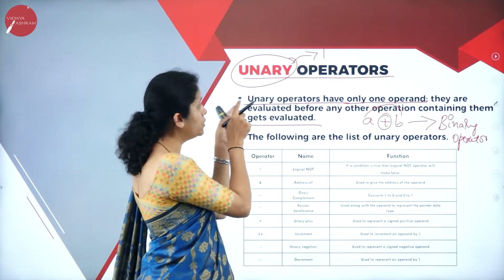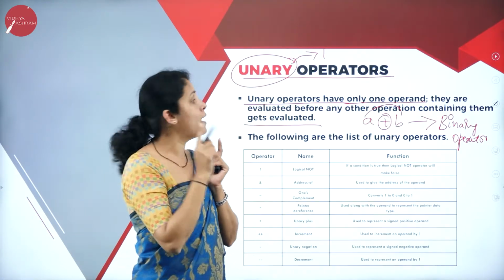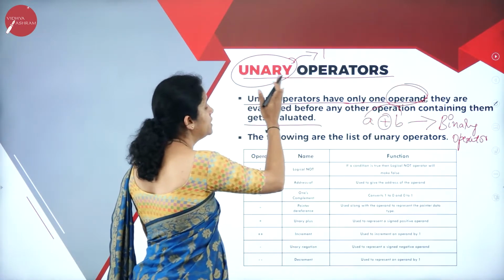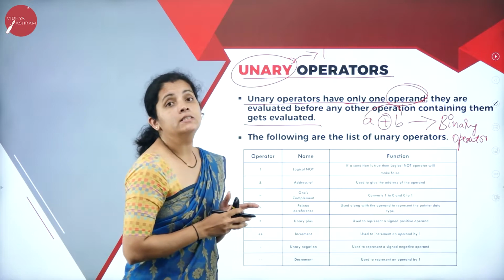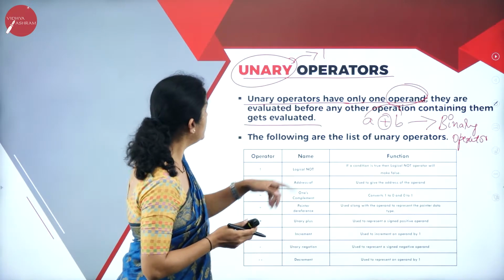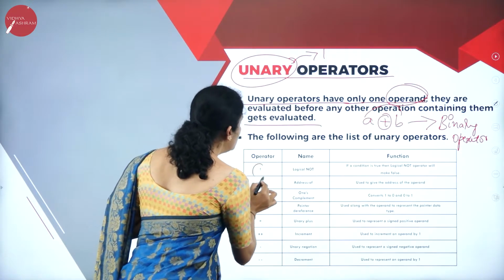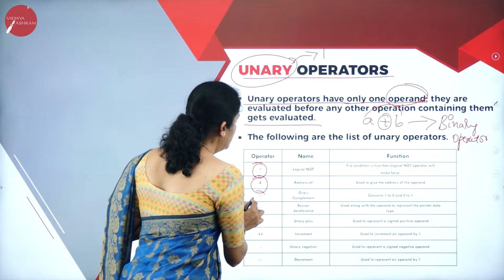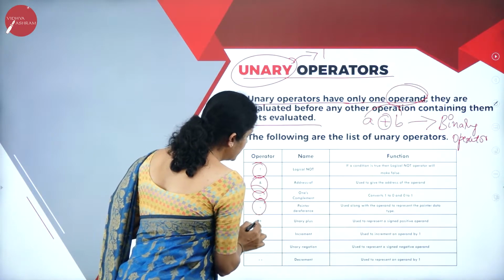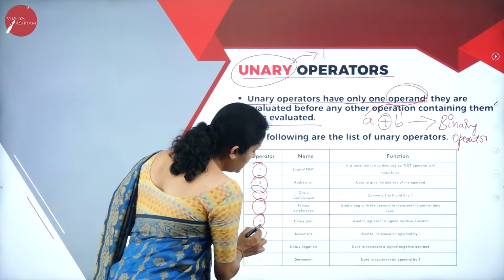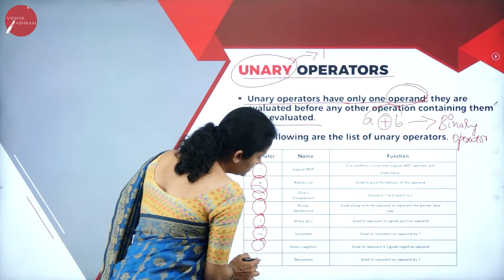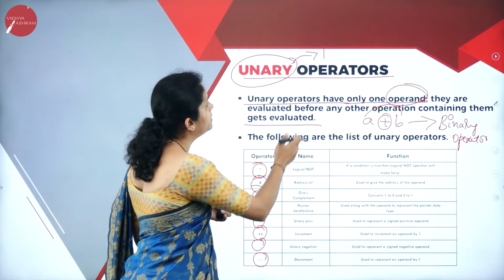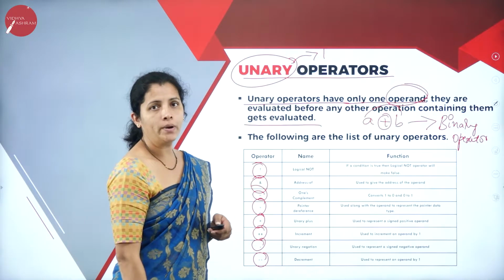Some examples of unary operators are logical not, tilde, asterisk, plus plus (increment operator), and minus minus (decrement operator). These are examples of unary operators.